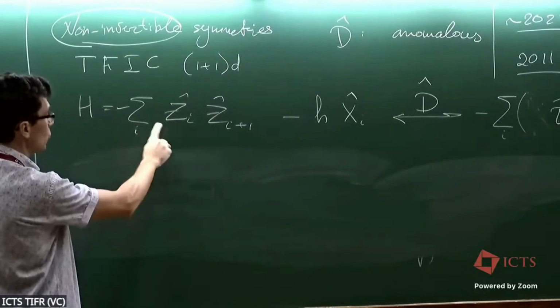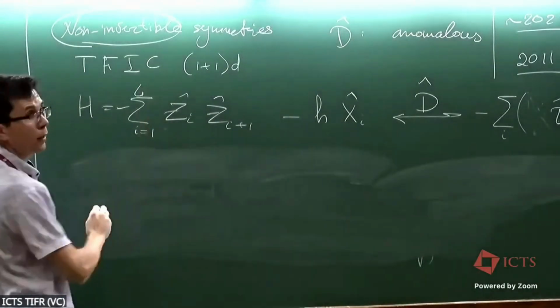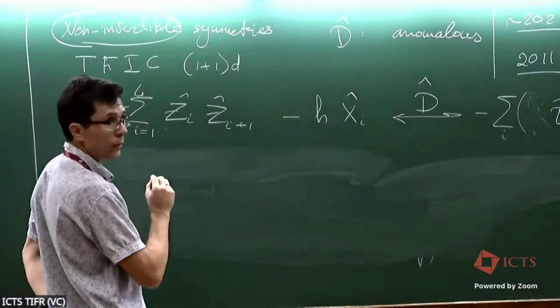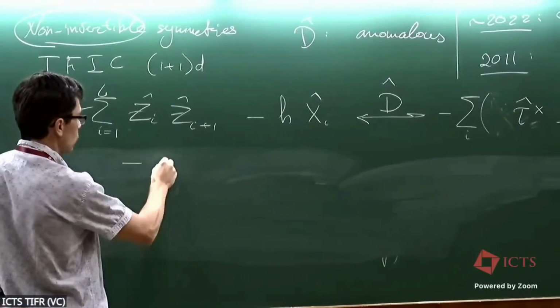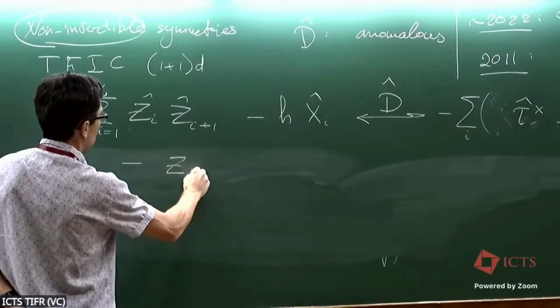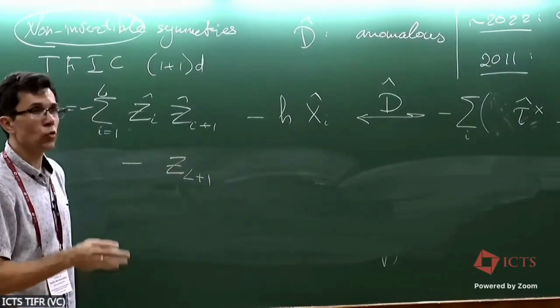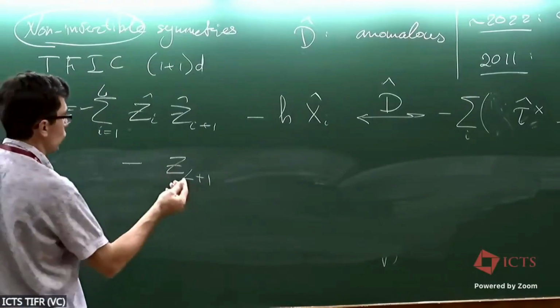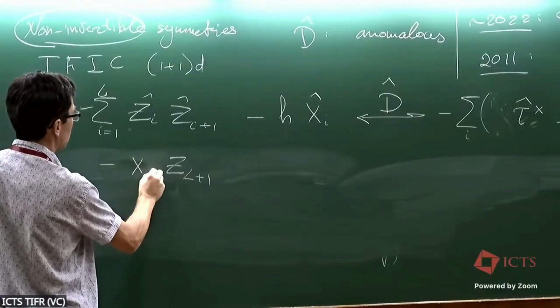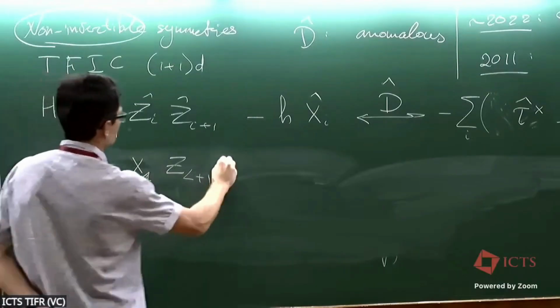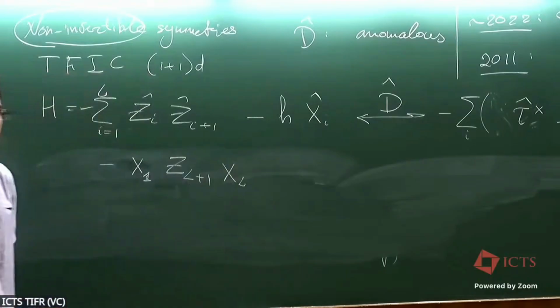So this goes from 1 to L, but you do something clever. You add an extra site, which would couple to link Z_{L+1}, and you minimally couple it in a gauge way. So you couple it to something like X on site 1 and X on site L.